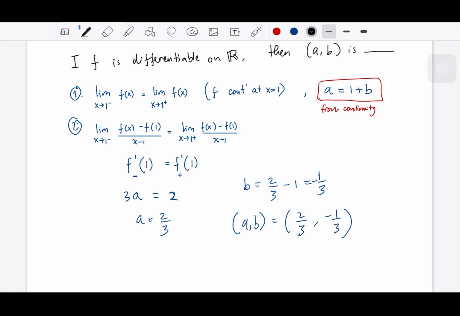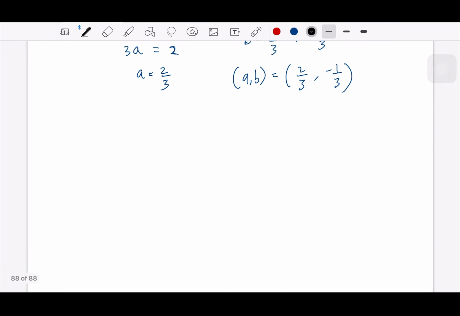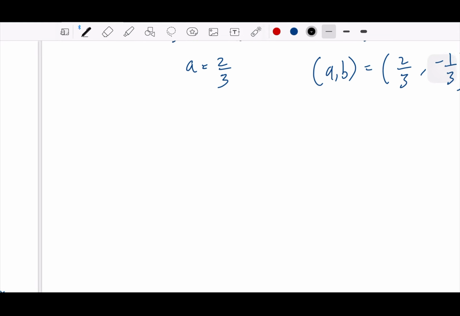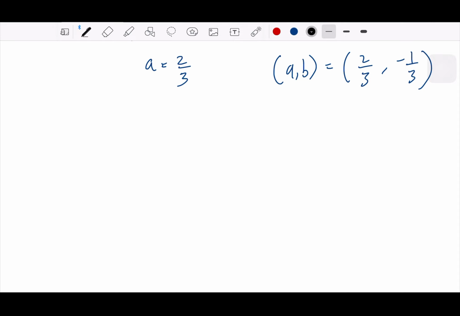Okay, and then perhaps another typical question or some essential one is about the tangent line. So tangent line, let me just give you directly the example.